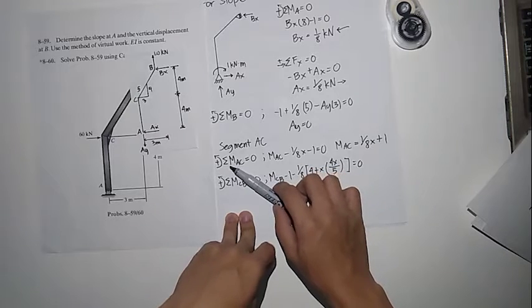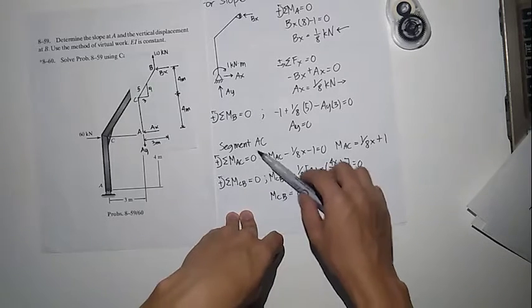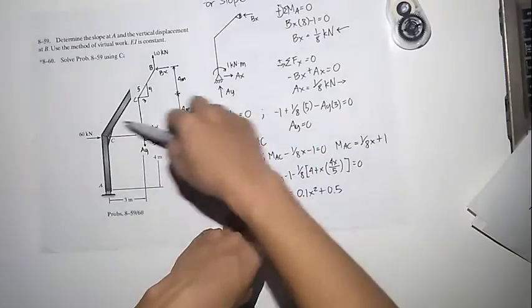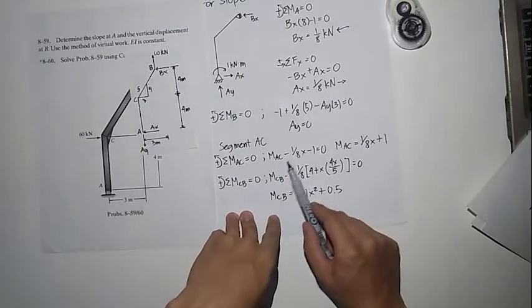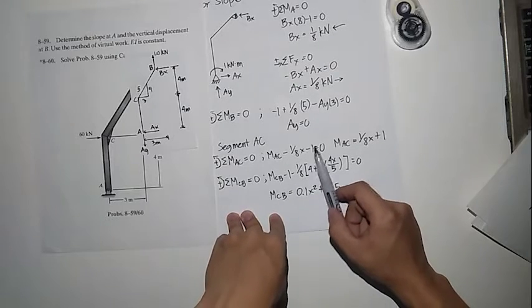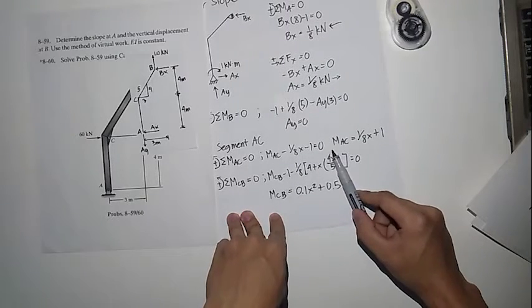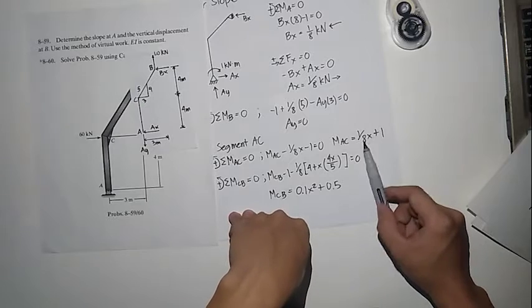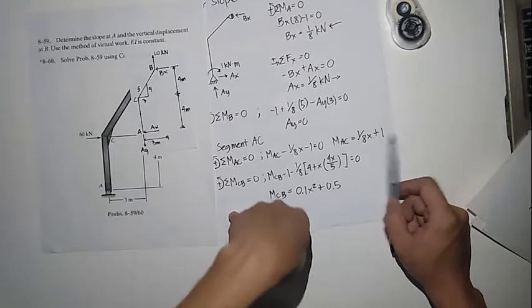Summation at moment AC equals to 0. So, magkakat po tayo dito sa gitna nila. Negative 1 MAC minus 1 over 8x minus 1 equals to 0. So, meron po tayong MAC na equation na 1 over 8x plus 1.